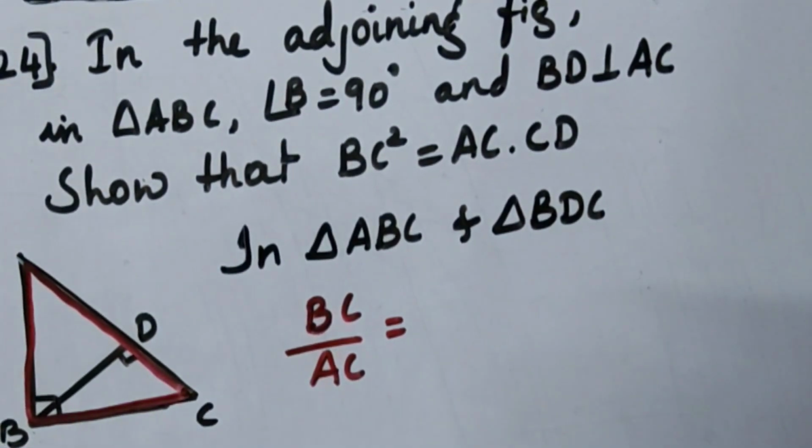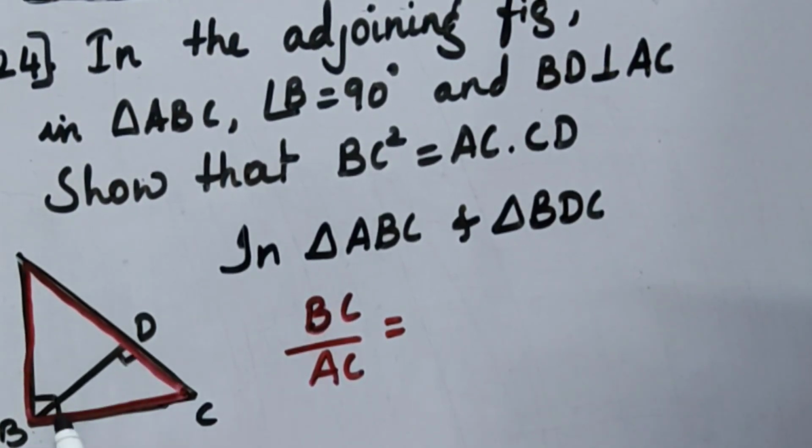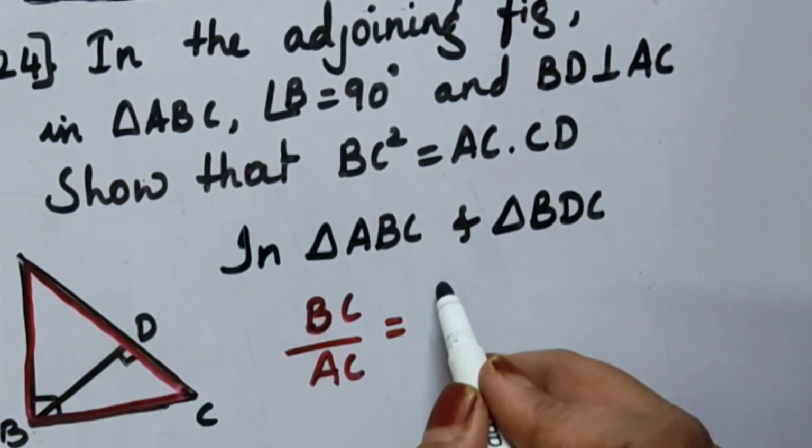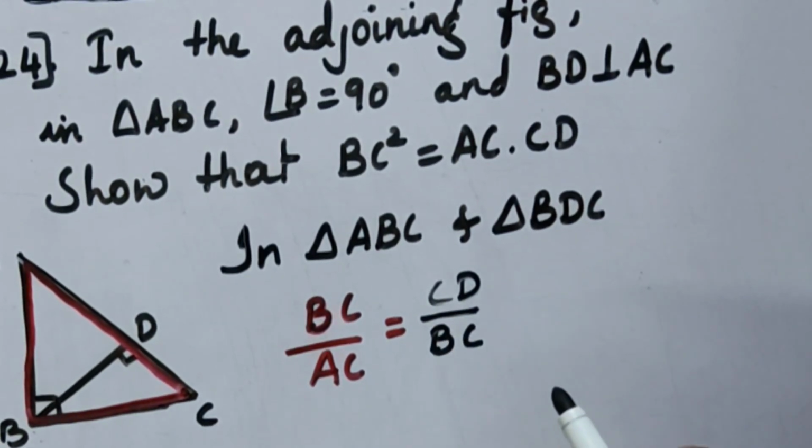Now similarly, this is a triangle BDC. In BDC, this is the base and this is a hypotenuse. You can see opposite of 90 degrees is a hypotenuse. So CD by BC. Okay, base by hypotenuse.